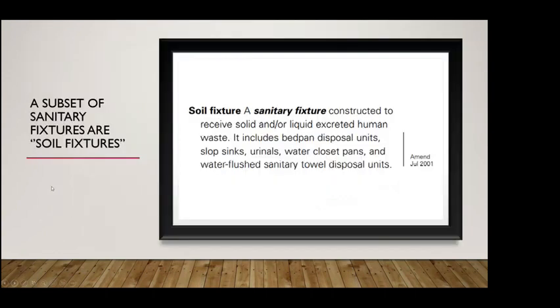A soil fixture is a special type of sanitary fixture that's only going to receive solid or liquid human excrement. So the most obvious one is a toilet or a water closet, as they like to call it in all the plumbing documents. I wasn't too sure what that was. Yeah, it's basically an old-fashioned term for a toilet.